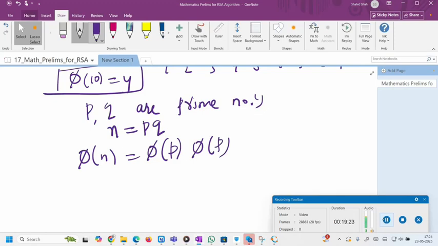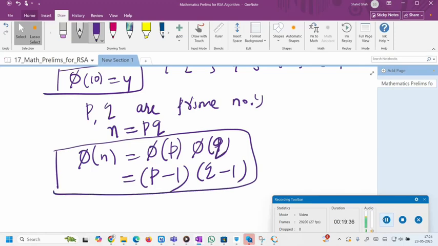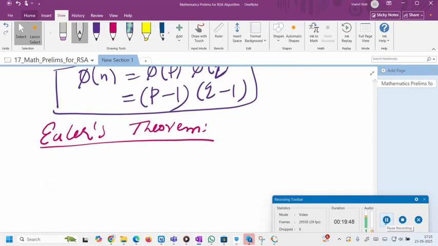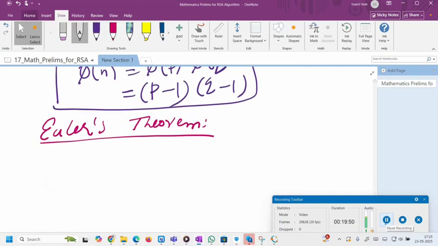We know that if p is a prime number, its totient function is simply p minus 1, and q is a prime number, so it is q minus 1. This result will be used in the RSA algorithm. So if n is the product of two prime numbers, then the totient function of n is very easy to compute.